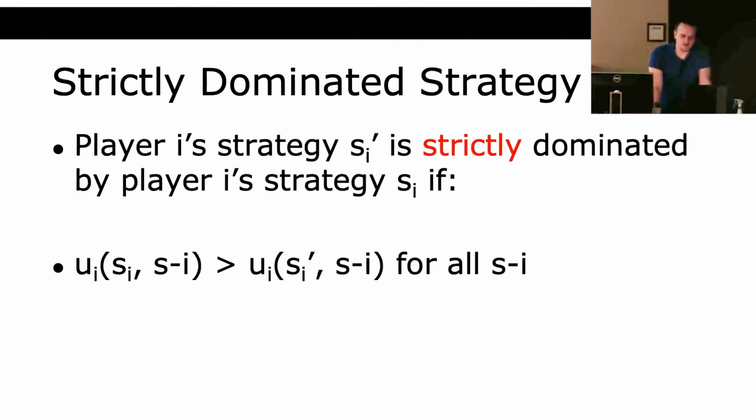Strictly dominated, if we now put this into more mathematical terms instead of just an English definition: player i's strategy si prime is strictly dominated by player i's strategy si.